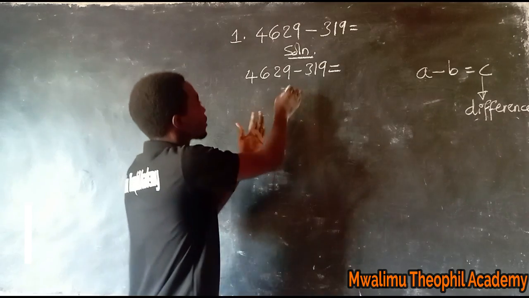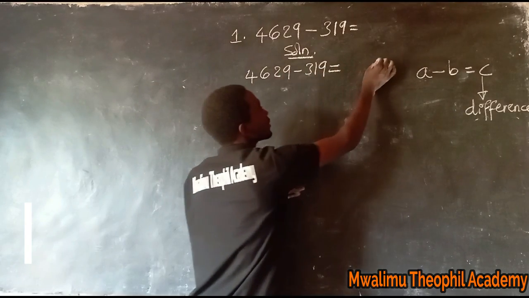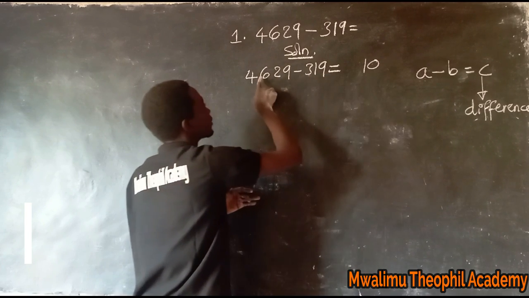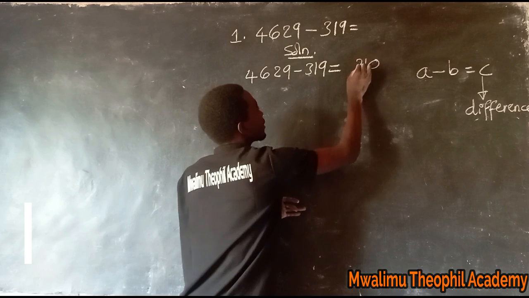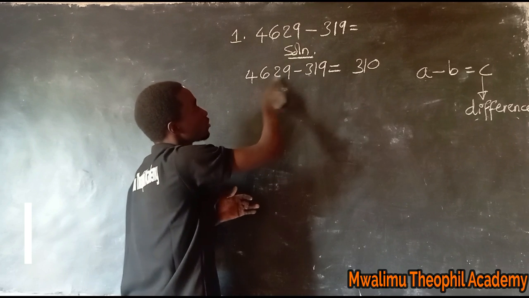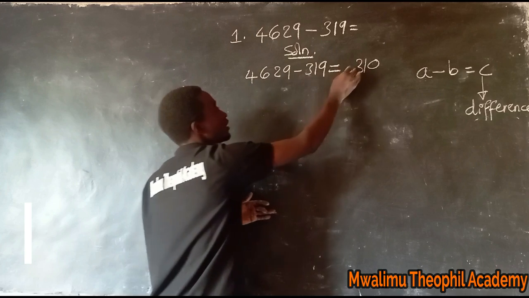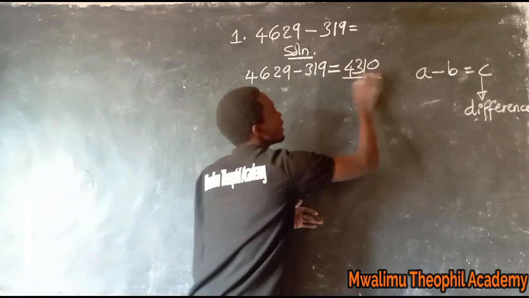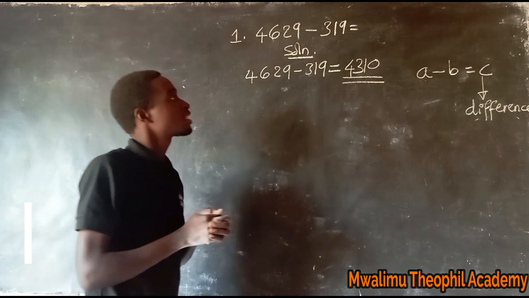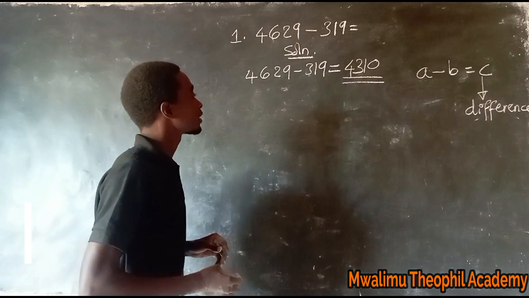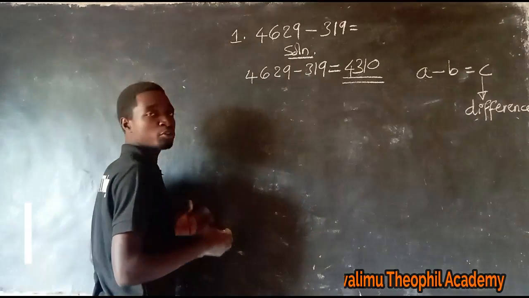We start with 9 minus 9, where we get 0. 2 minus 1, we get 1. 6 minus 3, we get 3. We remain with 4, so there is no digit to be subtracted from in the second number. Now we write 4 as it is. So here the answer is 4,310.